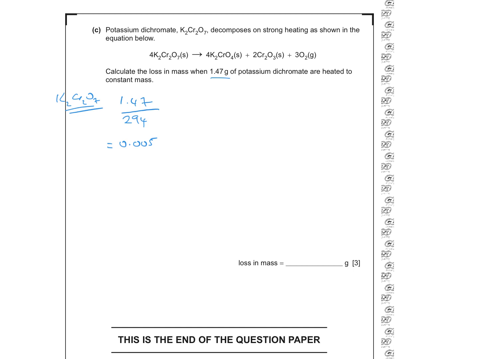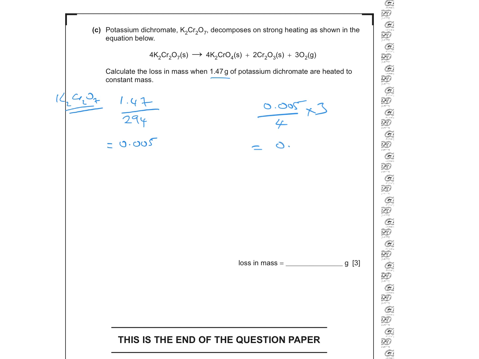Now if we look at the oxygen, we see that it's a 4 to 3 ratio. So what we do then is divide this by 4, it converts it into 1, and then multiply it by 3. So over here then it's going to be 0.005 divided by 4 multiplied by 3.